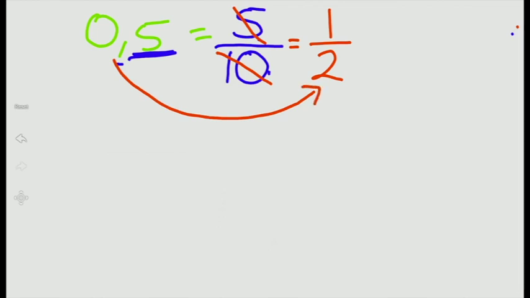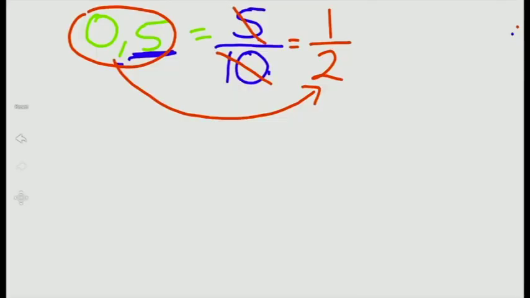Most of you are more familiar with common fractions than decimal fractions. If you come across a question giving you a decimal fraction, don't panic. Just convert that decimal fraction into a common fraction and then use that common fraction to calculate the sector size.